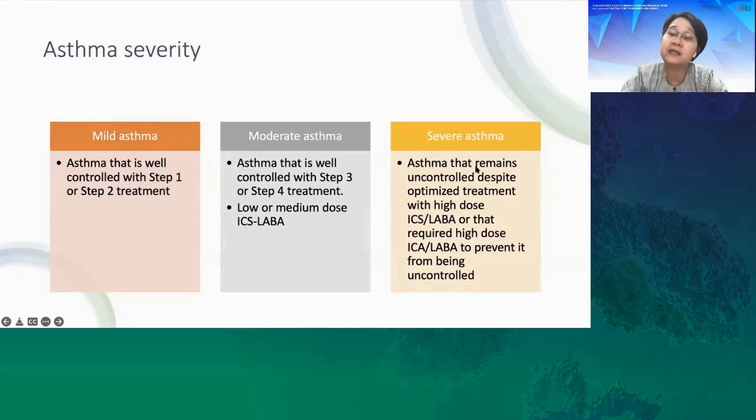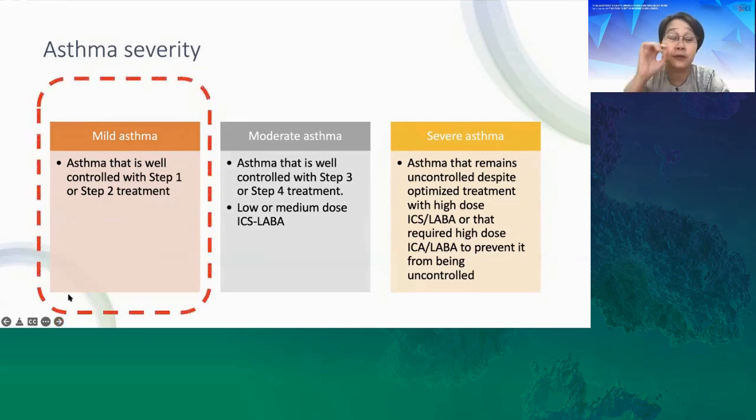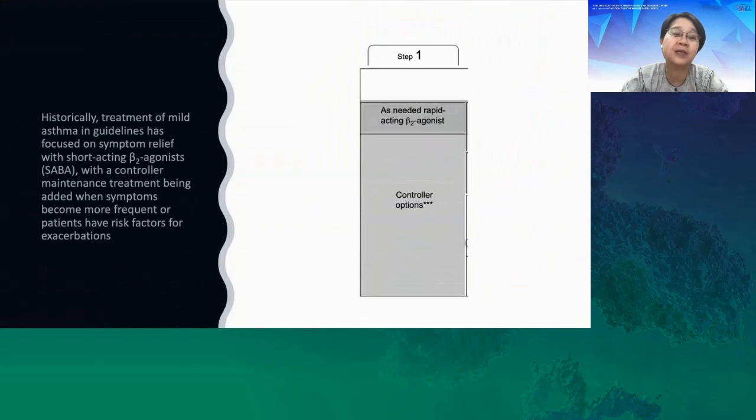If you have severe asthma, it means that either we have actually stepped up the therapy and you still remain uncontrolled, or you need high dose ICS LABA to prevent from being uncontrolled. So today, for the purpose of this talk, we will concentrate on mild asthma, which is asthma that is well controlled at step 1 or step 2 of treatment. So historically, treatment of mild asthma has always been focused on SABA, right?